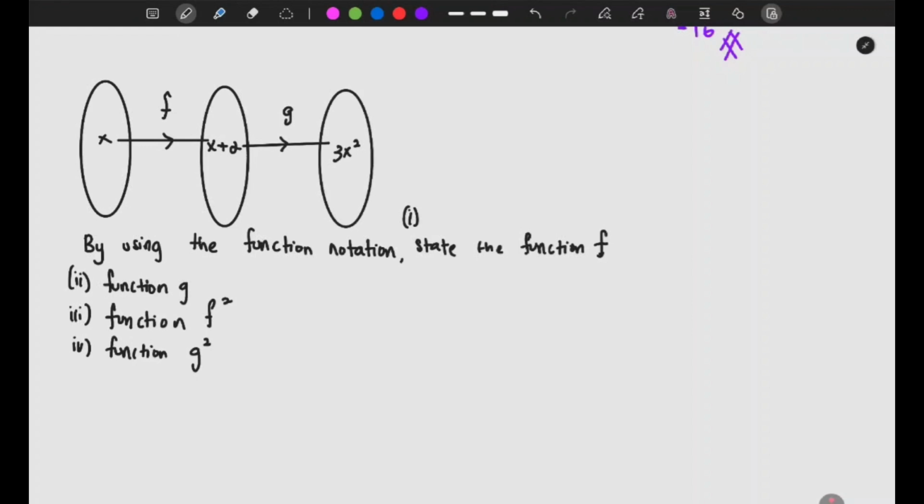Here is your function f, here is your x, and you get your x plus 2, isn't it? So it's just directly there. It shouldn't be too difficult. Your function f means asking f of x. So your f of x, you take the x, you cross the bridge, you get x plus 2. Done.